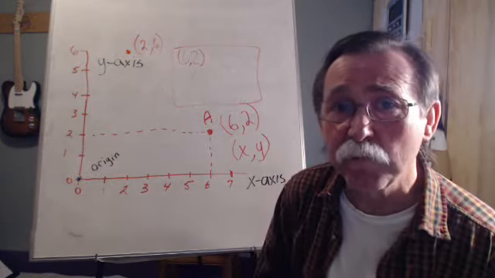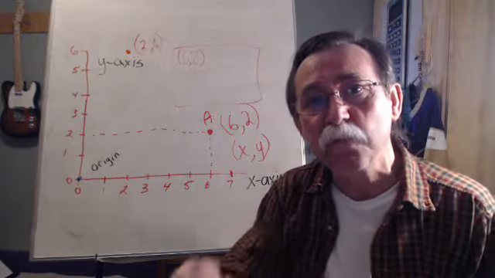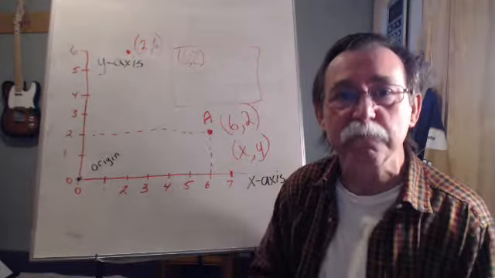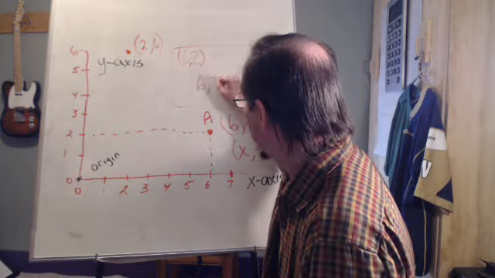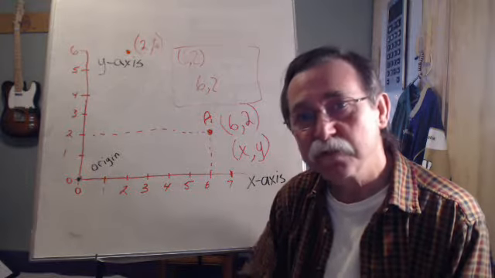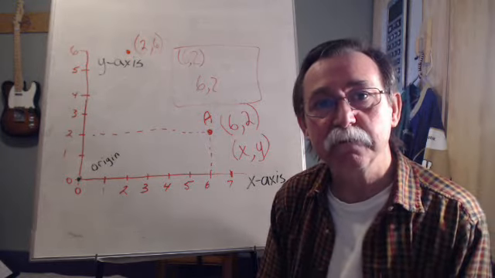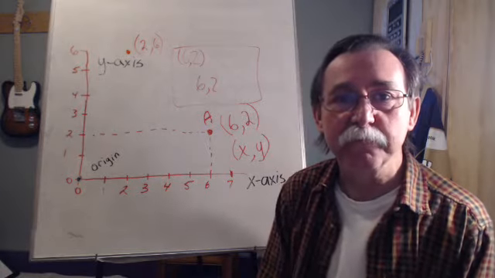You can't make up your own lingo. If I say what are the coordinates of this certain point, and you say 62, that's wrong because you're not speaking the language. You have to use brackets, separate the numbers by a comma.